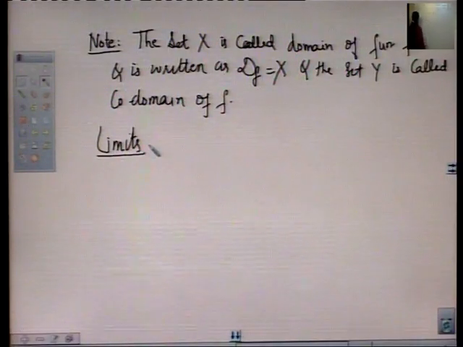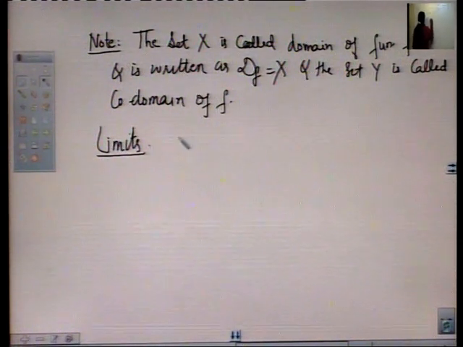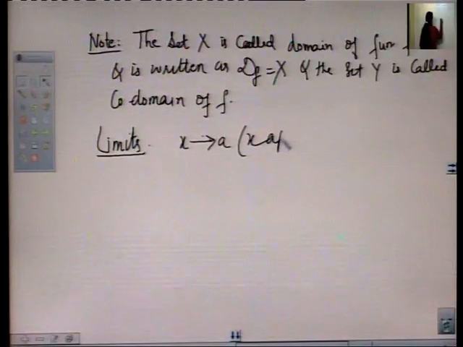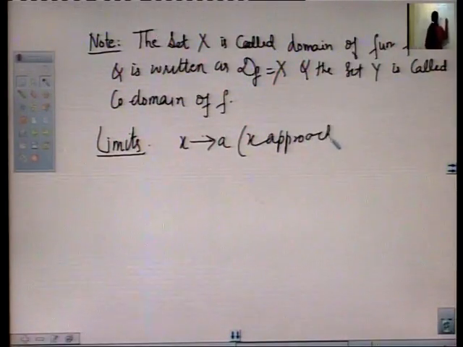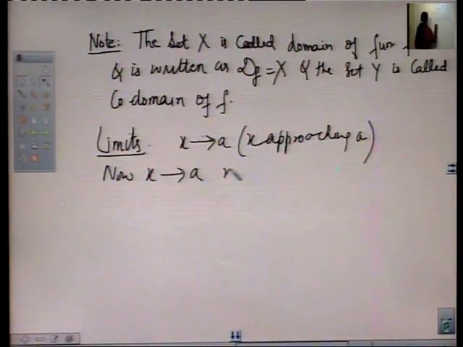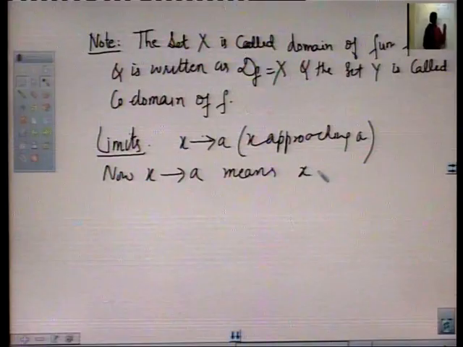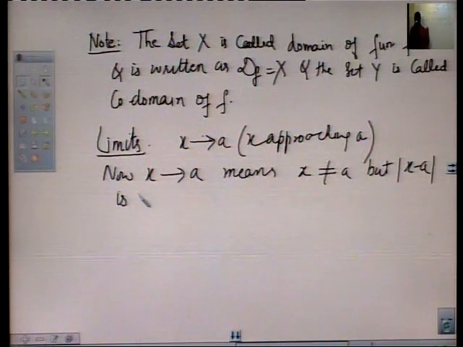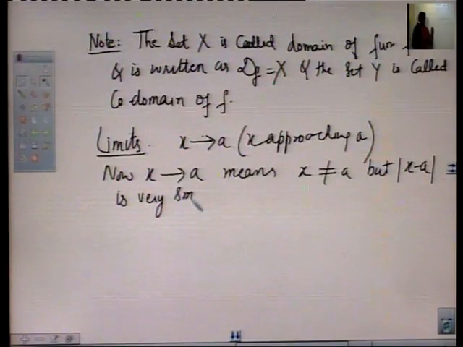Now we define limits. First, we discuss the meaning of x approaching a. x approaching a means x is not equal to a, but the distance x minus a is very small.